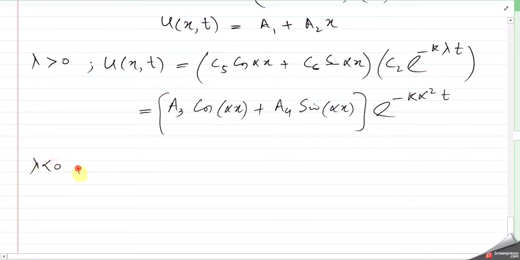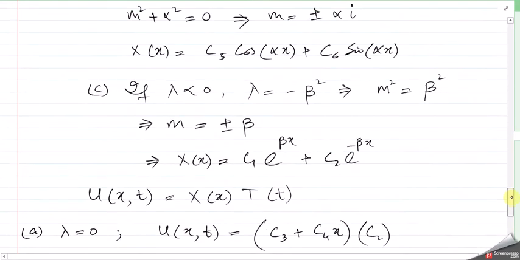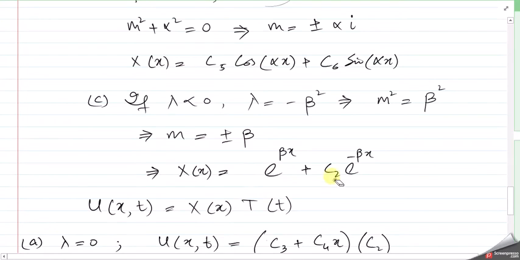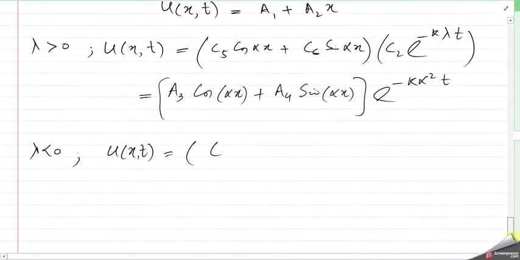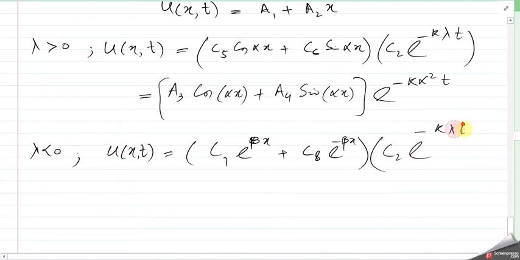And for lambda less than 0, our solution equals c, I've used 1 and 2 again, I should not use 1 and 2 again, I'll use 7 and 8 maybe. c7 e raised to the power beta x plus c8 e raised to the power minus beta x, into c2 e raised to the power minus k lambda t.